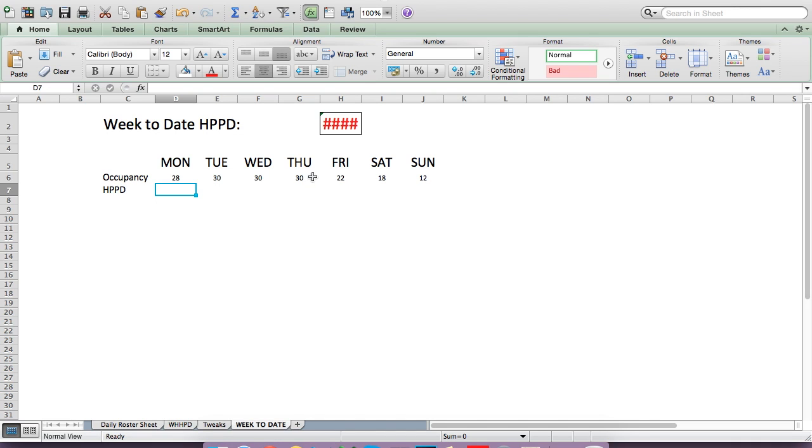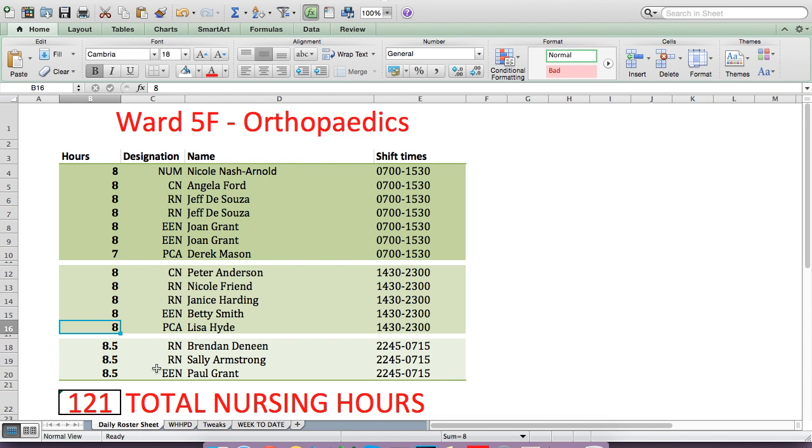So those patterns, you need to start thinking about how they're going to impact your work hours per patient day. So if we go back to the daily sheet, let's have a look at this. Now, on Monday, if you roster according to your needs of what you think a 30-bed ward would look like, then intuitively you're going to say you're going to need a full complement of staff, because at midnight you're going to be full.